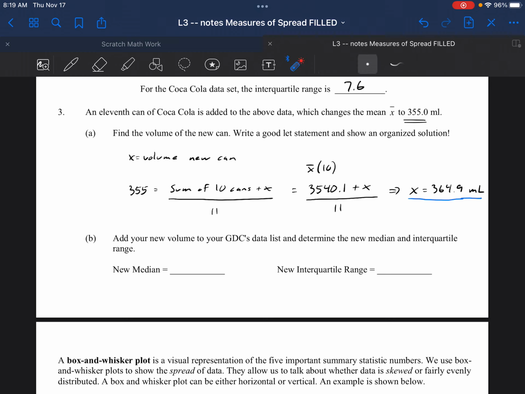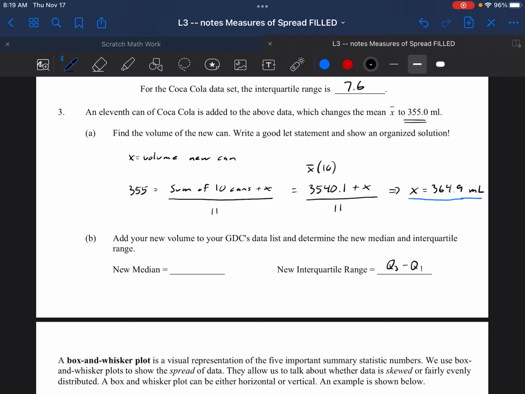Now what this is asking you to do is to go to your data list from the original 10, put this new value in, 364.9, and come up with a new median and a new IQR. So remember, the IQR is Q3 minus Q1.